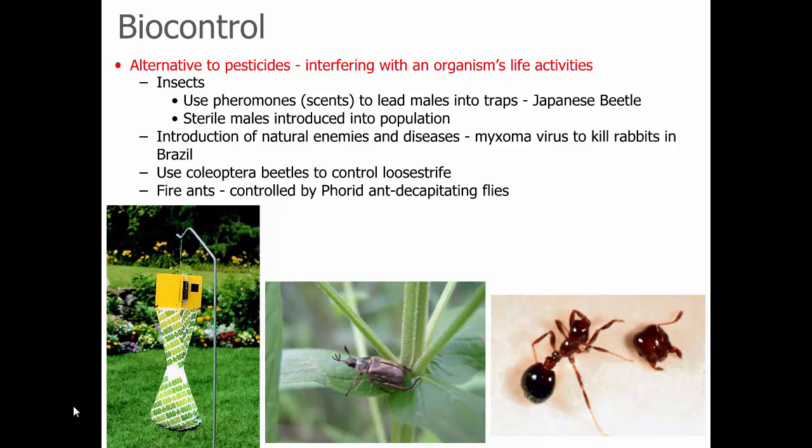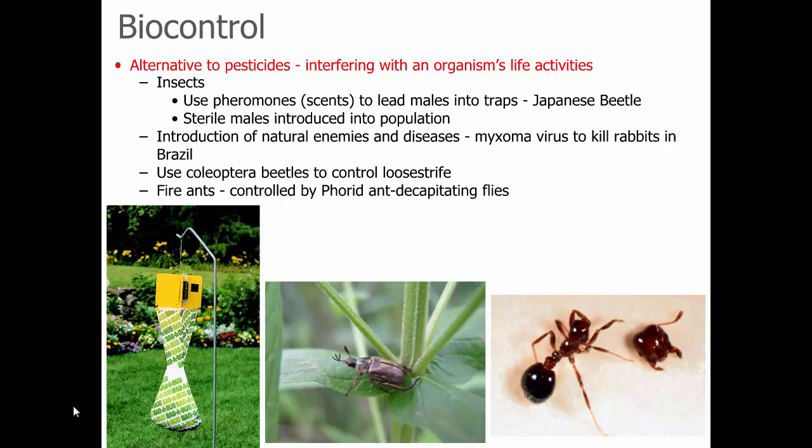So you've never seen these? Yeah. What are these meant to capture? Beetles. Yeah, Japanese beetles. You ever seen Japanese beetles? They have like a rainbow sort of sheen to them. They eat the leaves of plants, they defoliate things. There's lots of them. They often go in high concentrations. These are Japanese beetle traps.